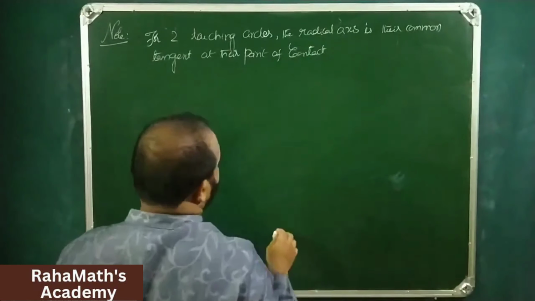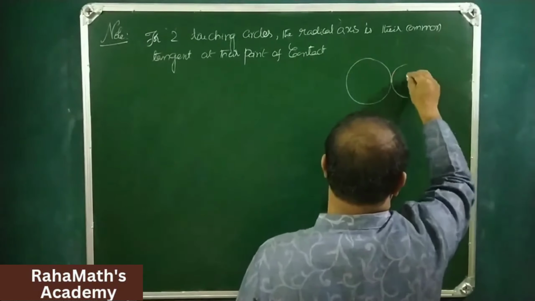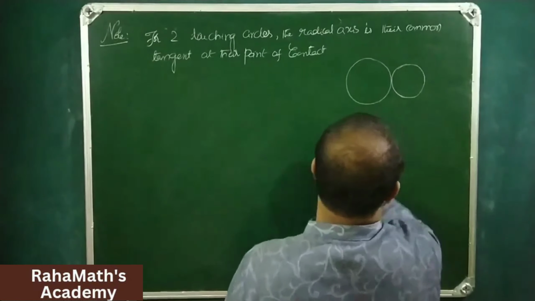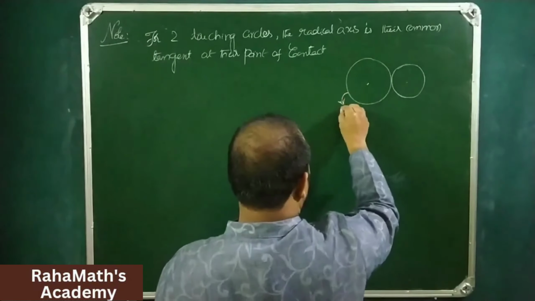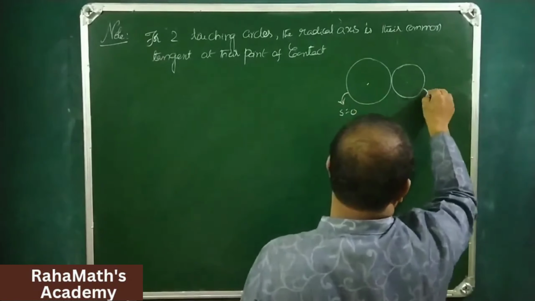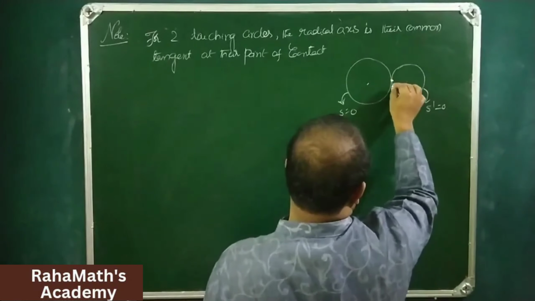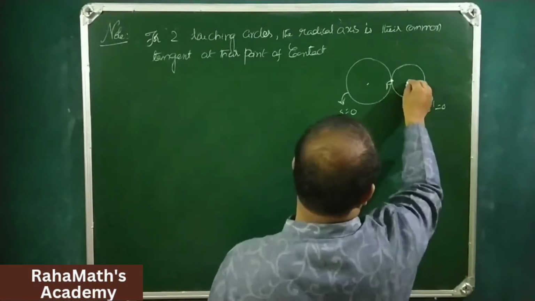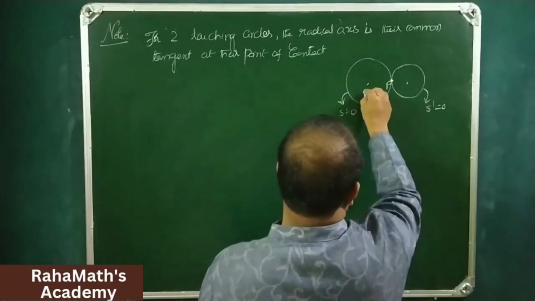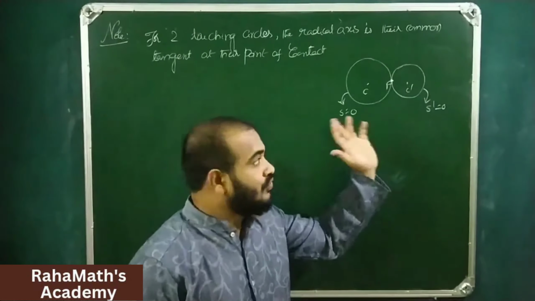That is, if I have two circles like this, these are the two touching circles. S is equals to 0. This is S dash equals to 0. Let us suppose that these two are touching at the point P. These are the centers C and C dash of these two circles.